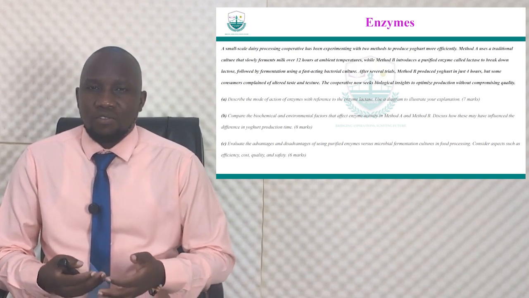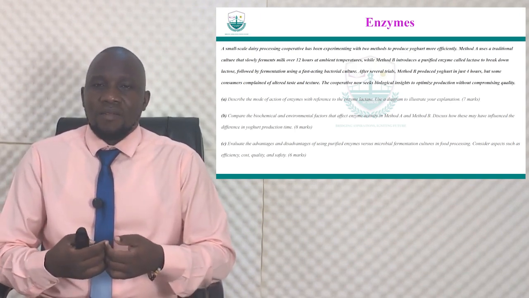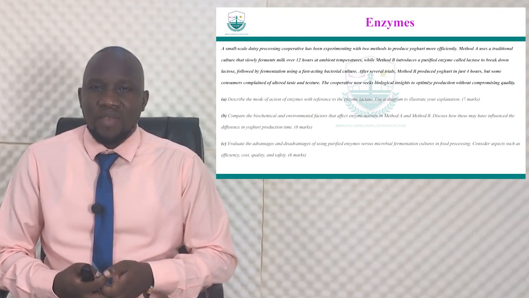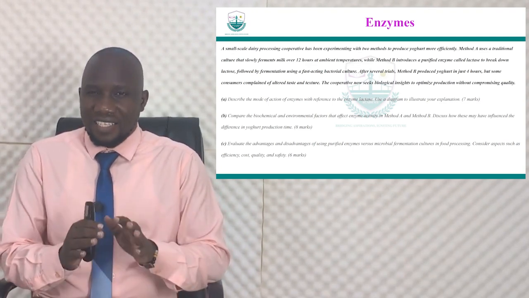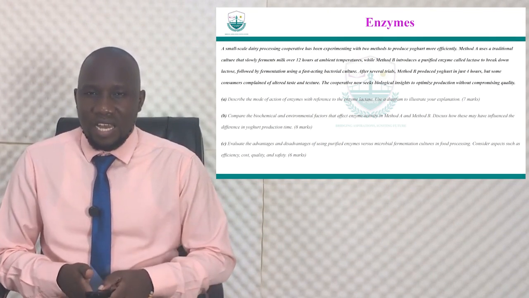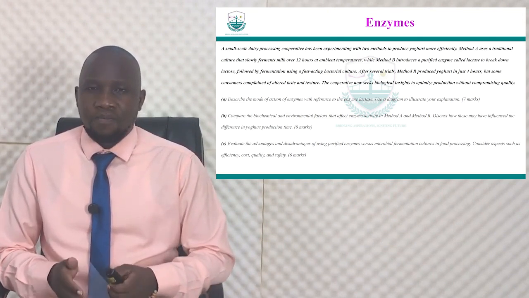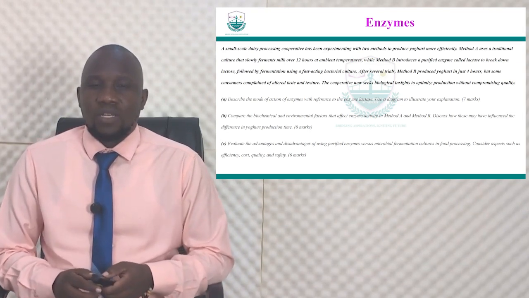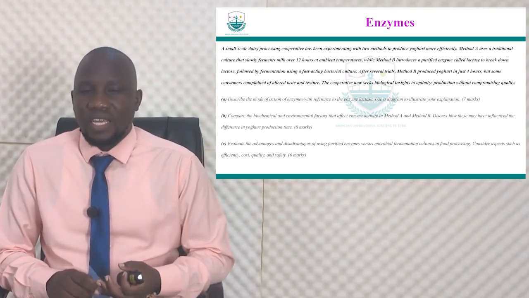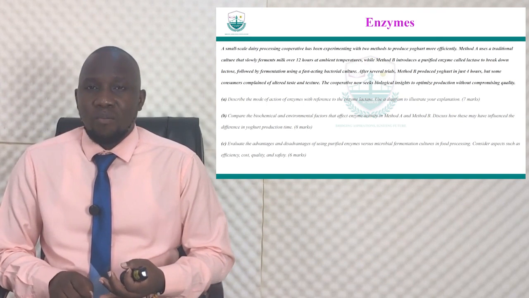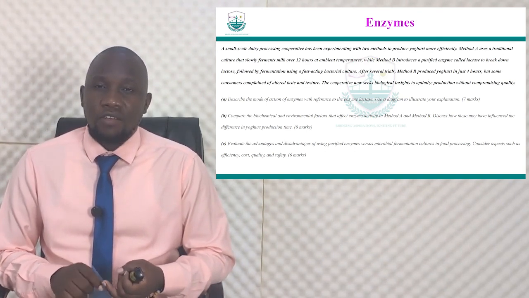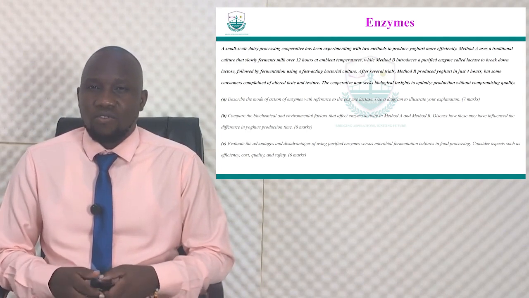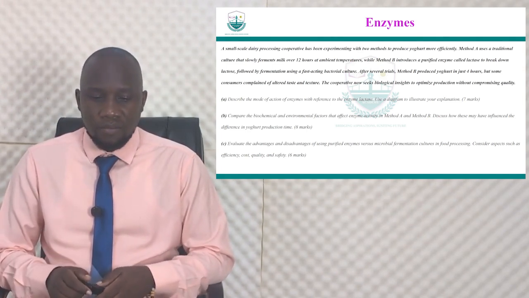After the substrate fits in, the bonds of the substrate are broken, and then you will have the products being released. At least that is what we can talk about now here. But in our subsequent presentation, we shall look at the lock and key model of enzyme activity, and also the induced fit mechanism for action of enzymes. We shall look at that shortly.